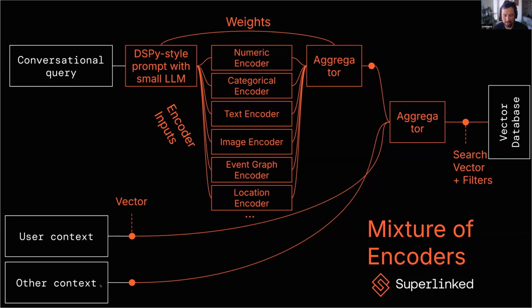The same for the other context. The uniformization that we are trying to impose is that each of these pathways makes an embedding and, let's say, a filter predicate if needed. Then we have another aggregator at the back that merges all of that. And finally, the last dot here is a vector with some filter predicates that compiles all these signals together, and then you just send it to a vector database and do the lookup.